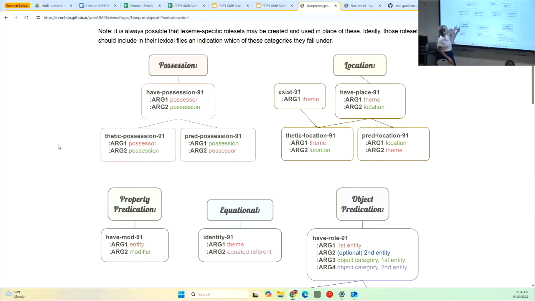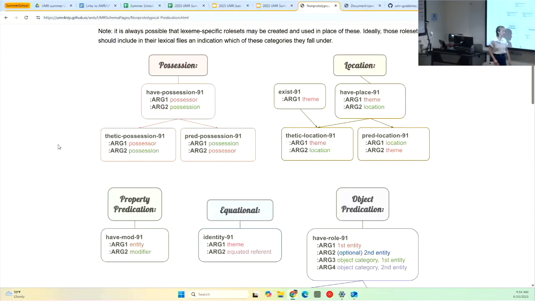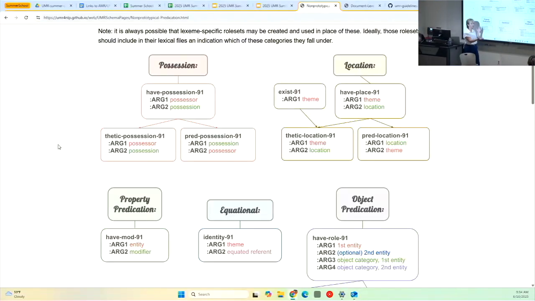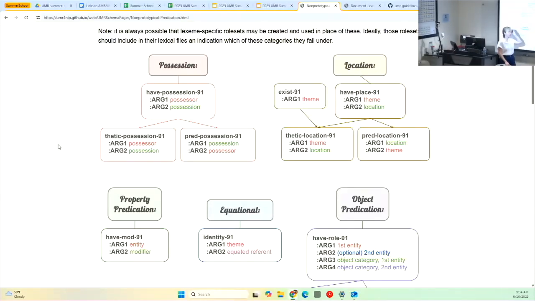I think that trying to decide between property predication and object predication is one of the hardest things we've had to do in retrofitting the English data. Because you can have the same idea conveyed, and whether you choose an adjective or a nominalized form of the same idea, that's syntactic, it shouldn't be dictating which role set you use. But object predication covers categorical relationships, so I am Muslim, I am a king.